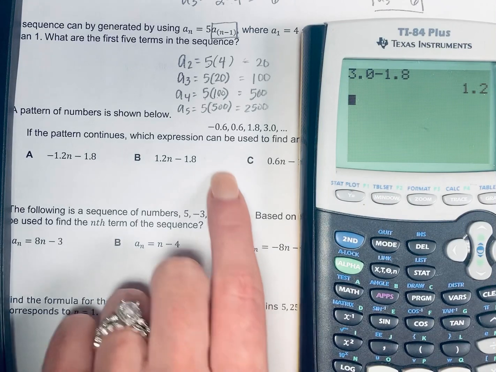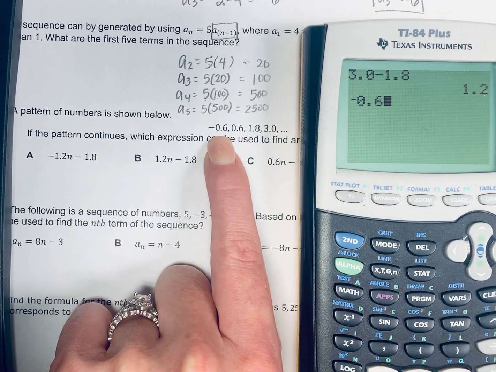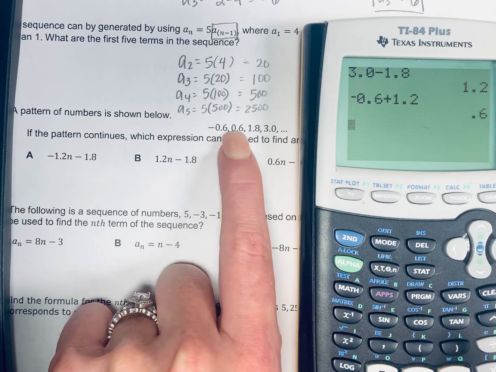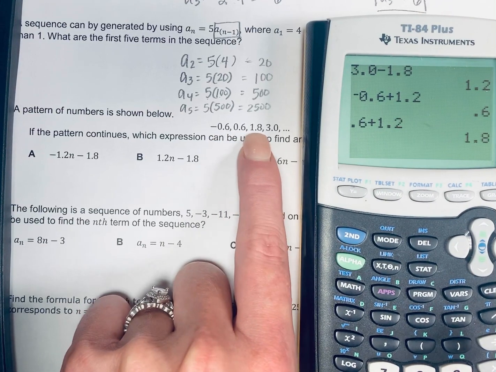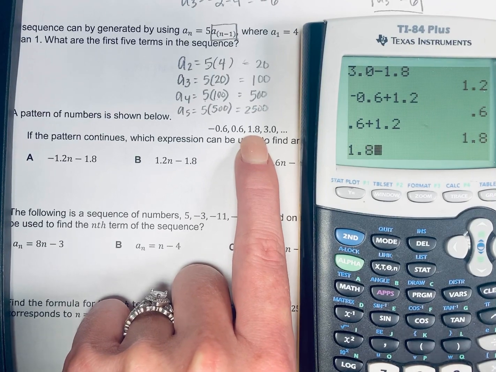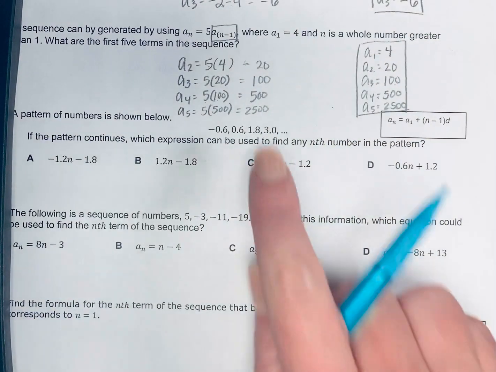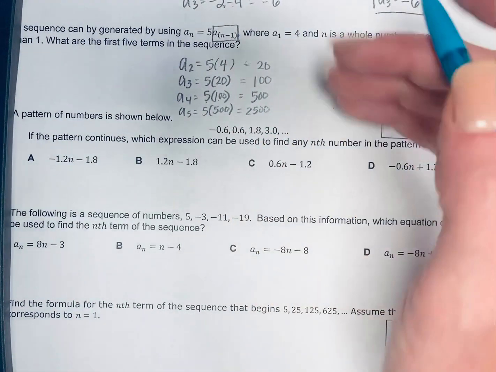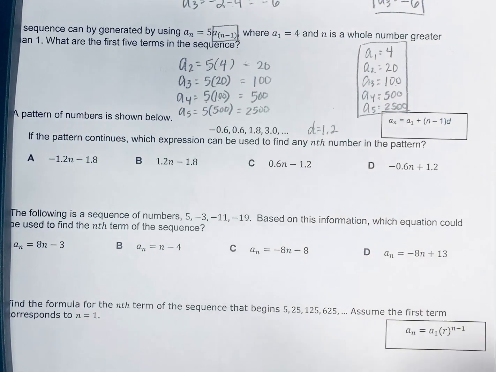And you can just go through and check and make sure. So negative 0.6 plus 1.2 gives me 0.6. And then 0.6 plus 1.2 gives me 1.8. 1.8 plus 1.2 gives me 3. Okay, so 1.2 looks like the number that I'm adding through here. So we're going to call that my D.